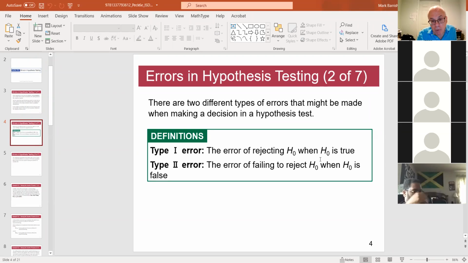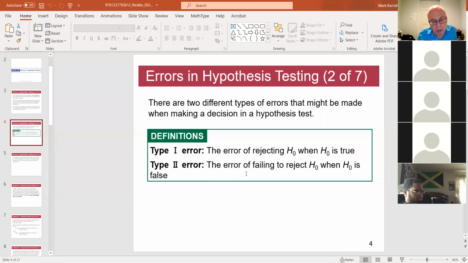However, in reality, and this is something we don't know for sure, because we don't know whether the null hypothesis is true or not, but let's assume in reality the null hypothesis is true. So we reject it, and yet it's true. That's called a type 1 error. And this would be the case like in a criminal trial, where we find the person guilty, but they didn't really commit the crime. That's that type of error or mistake.